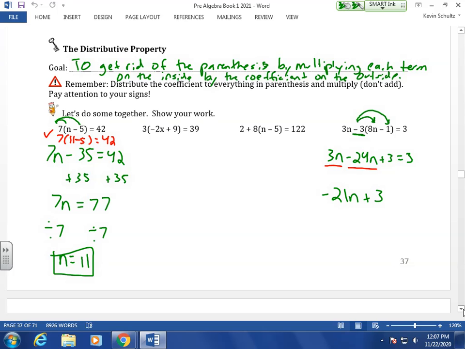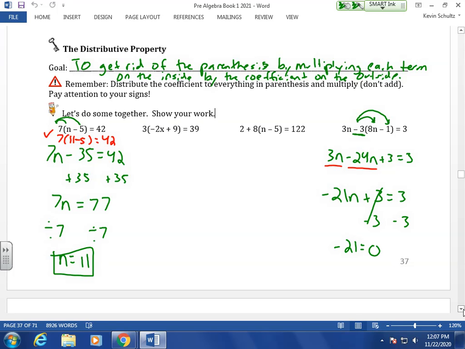Again, no opposite operations here because we didn't move anything from one side to the other. We are still simplifying on that left side. You're not going to use opposite operations until you get to that two-step equation, which is where we're at now. Okay? Start with that constant. Move it to the other side.